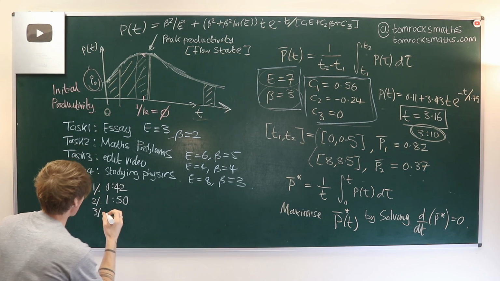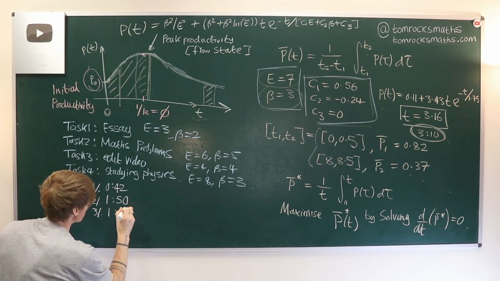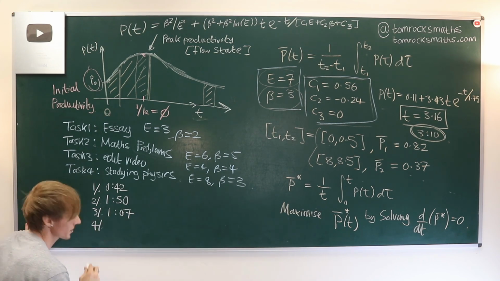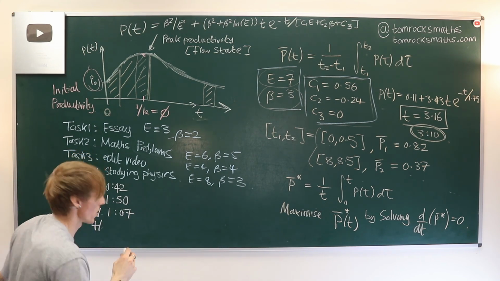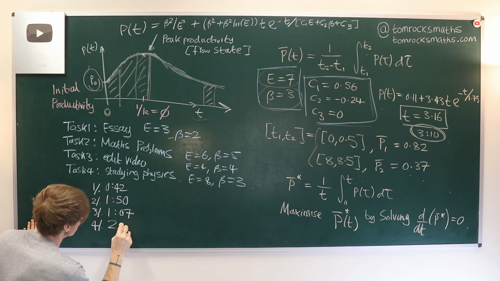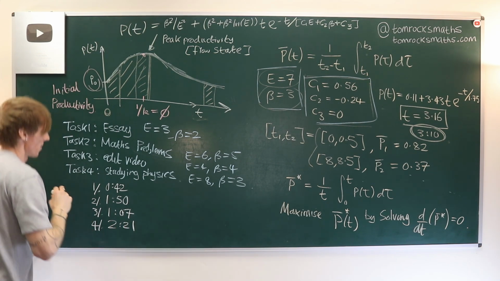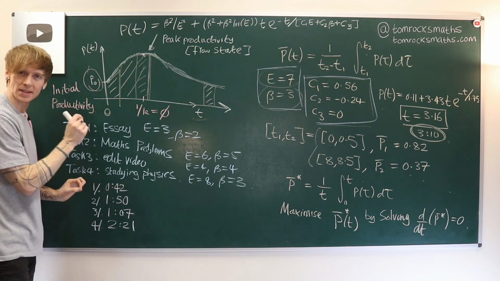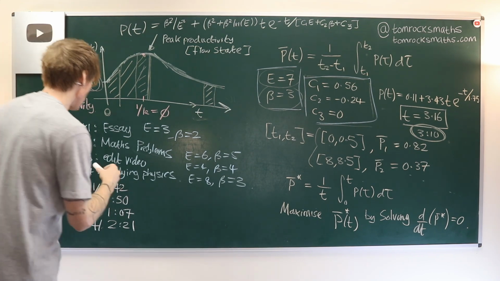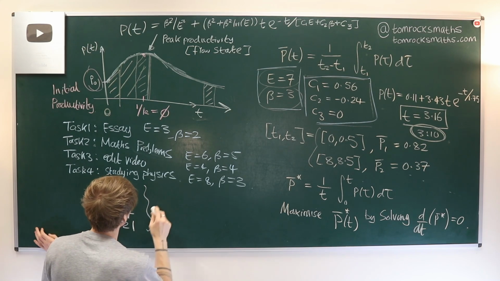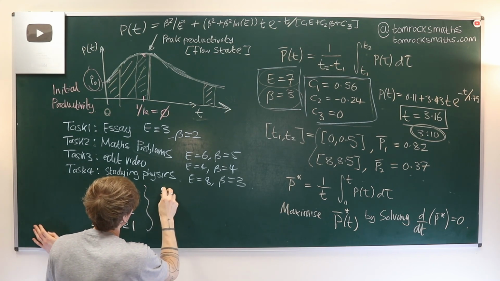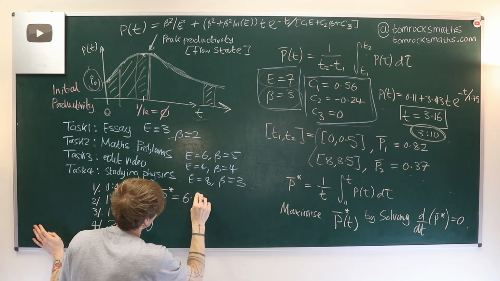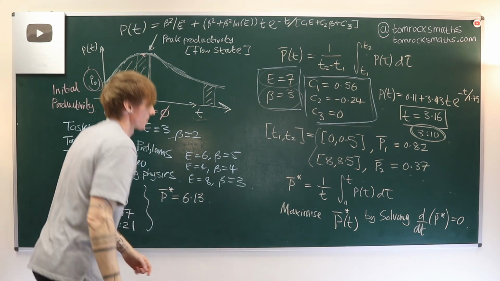We are supposed to spend 1 hour and 7 minutes, which leaves the final 2 hours and 21 minutes to be spent studying physics. So this is the optimal solution, and this gives a productivity value of 6.13. So P bar star, as I'm calling it, is 6.13.